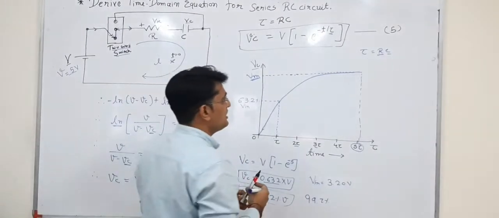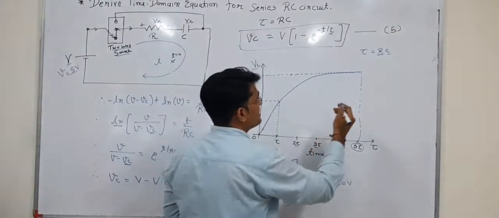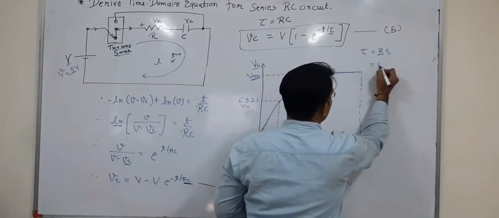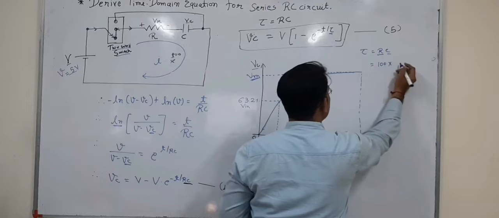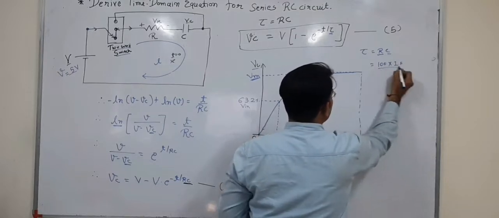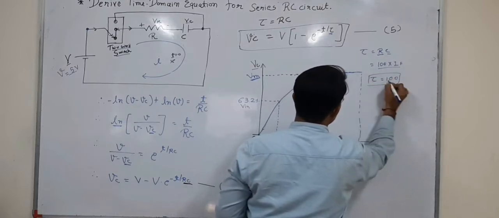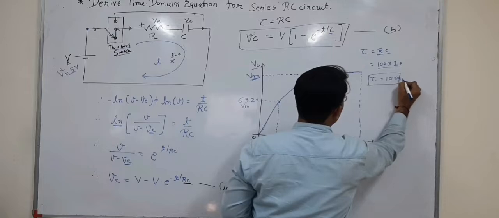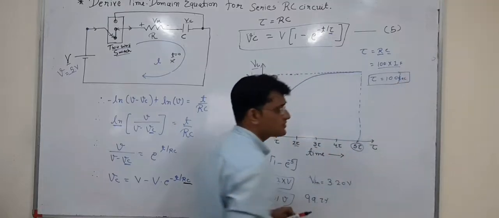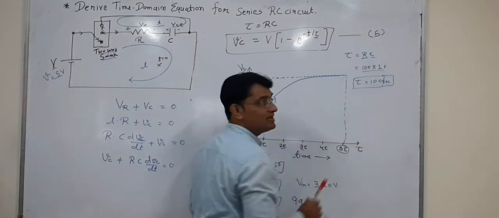So let us take one example. Let's say my resistance value is 100 ohm and I am choosing a capacitor of 1 Farad. Then time constant tau will be 100 seconds.